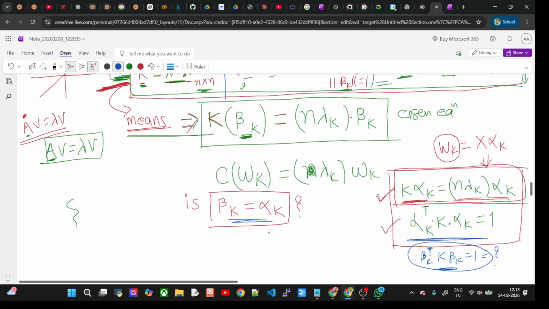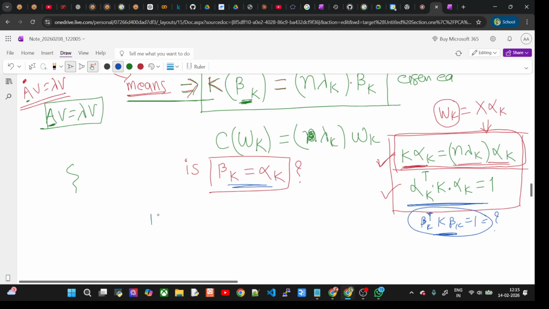Okay, so now we found from this equation that K into beta k equals n lambda k into beta k, that we know. Let's multiply. Consider this equation as equation number 11. I'm not following the equation numbers, but to differentiate, I put number 11.